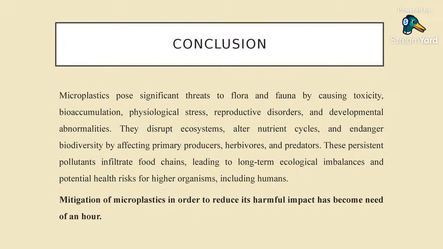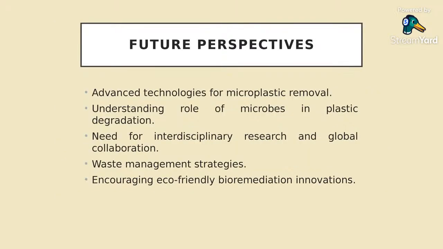Then they get transferred into herbivores and other predators through the food chain. These persistent pollutants infiltrate food chains, leading to long-term ecological imbalances, causing potential health risks for higher organisms, including human beings. So mitigation of microplastics in order to reduce their harmful impact has become the need of the hour.